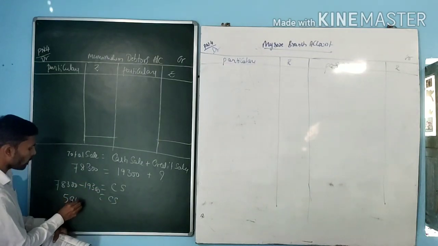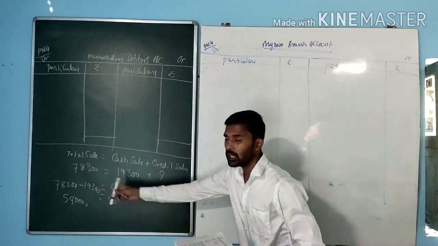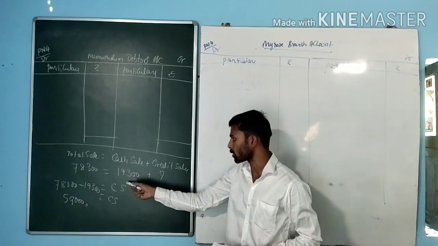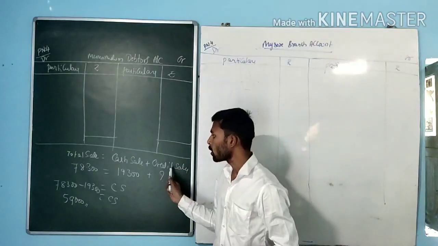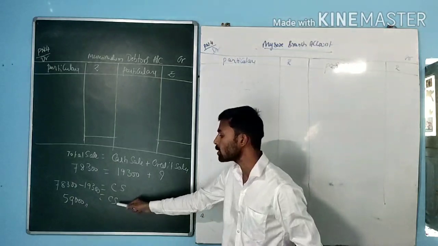That is 59,000, right? Total sales is 78,300. Out of that, the cash sales given is 19,300. With that information, we can calculate credit sales as 78,300 minus 19,300. Then the remaining is credit sales.